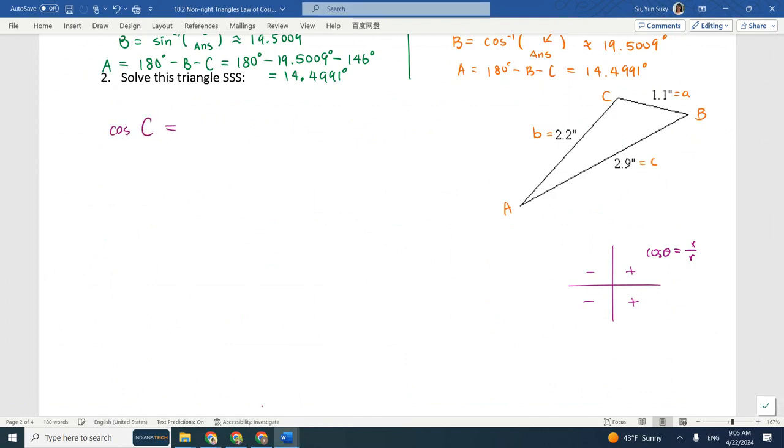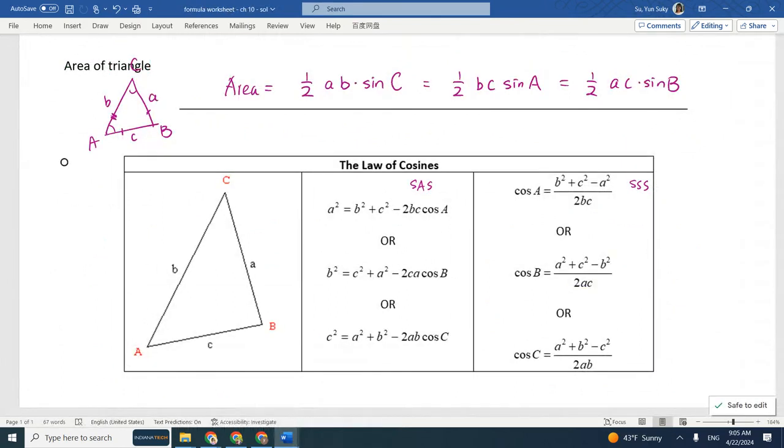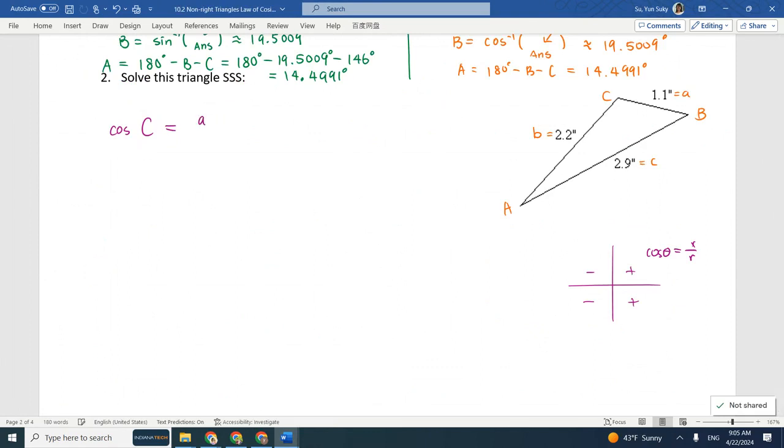So cosine C. Okay, and now you use the formula. So carry the formula with you all the time. So for C, the last one, a squared plus b squared minus c squared over 2ab. Okay, we plug in the formula.